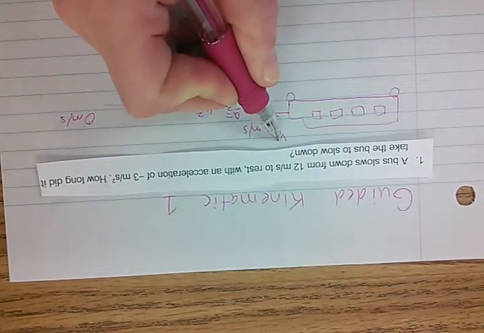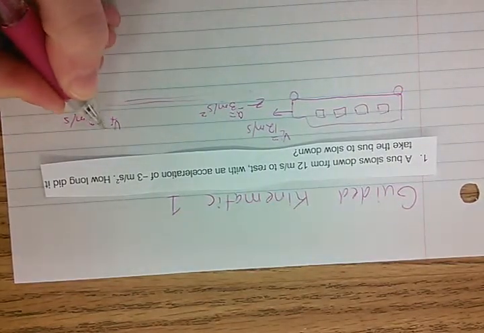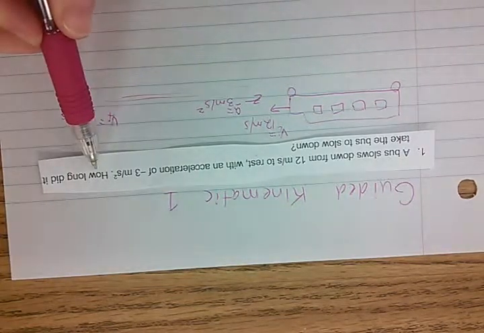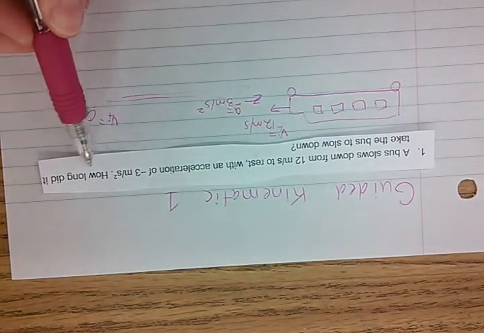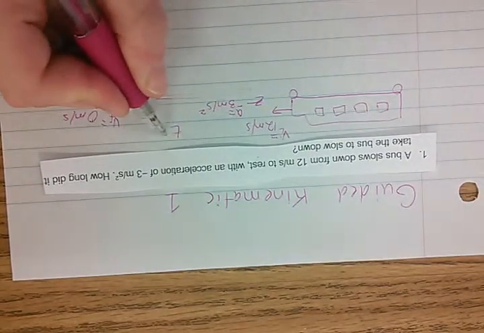This is our initial speed, or VI. We already have our A. We have our VF, or our final speed. It's 0 because it comes to a rest. And the question asks how long. That refers to time. So we write T equals question mark.